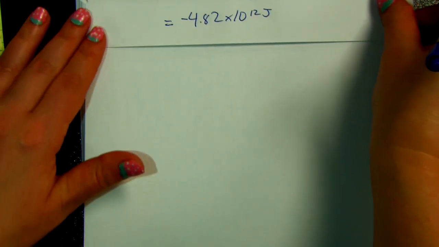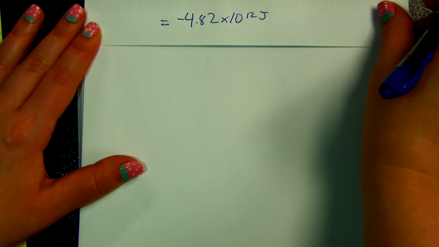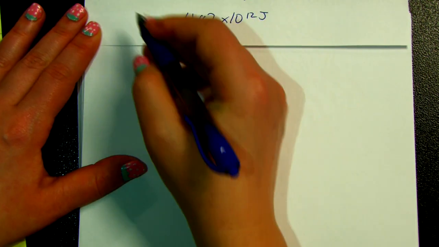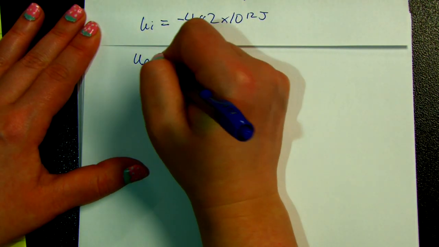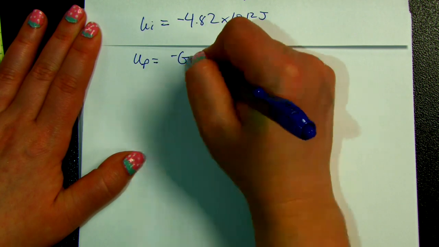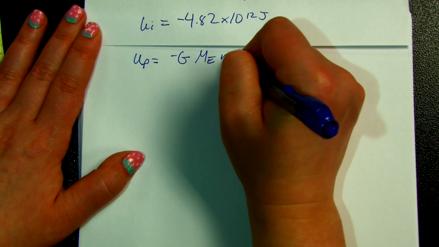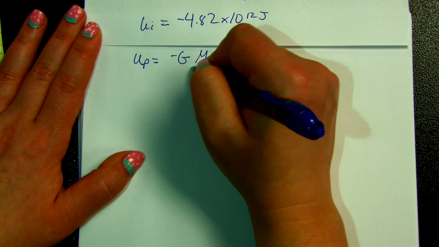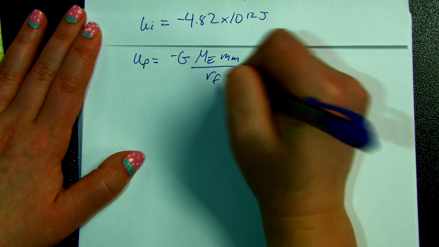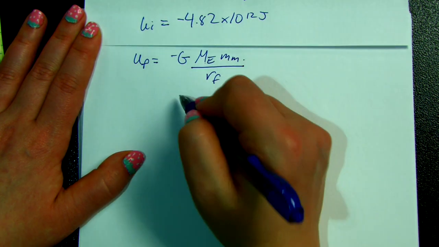All right, I don't want to keep this along for the ride. So our final gravitational potential energy, minus G M_Earth M_meteor over distance final, these two things haven't changed.